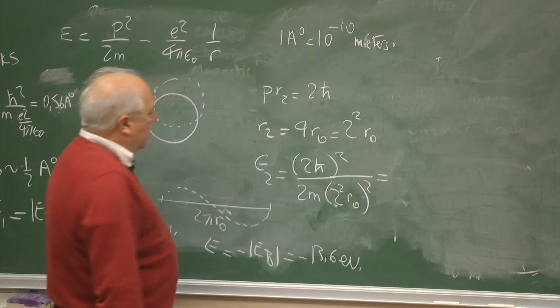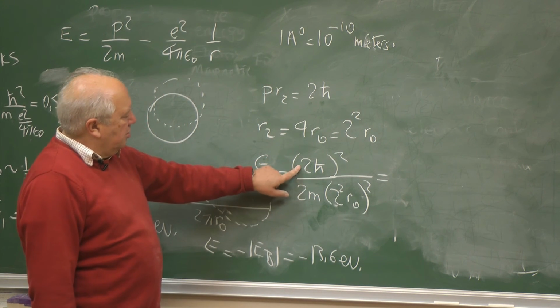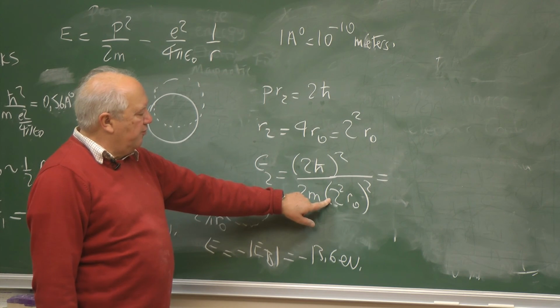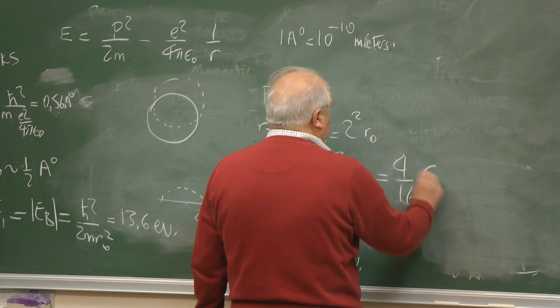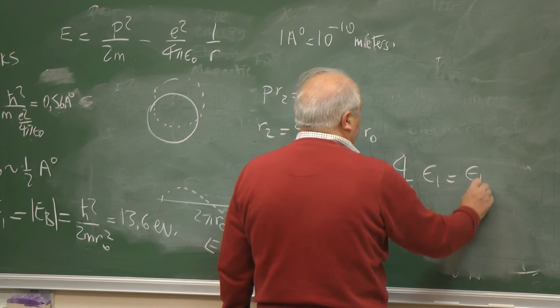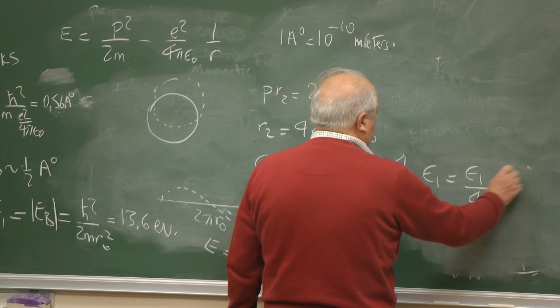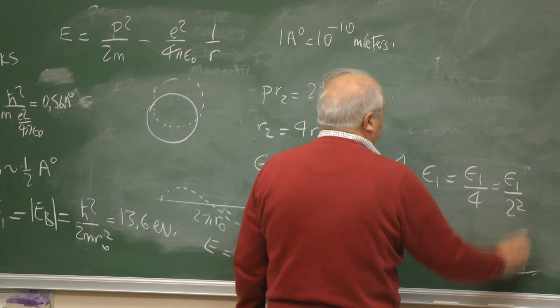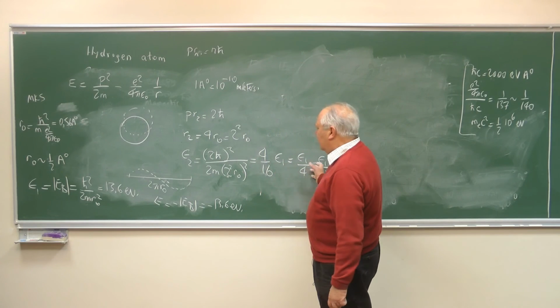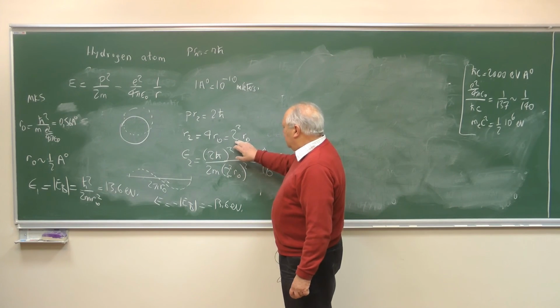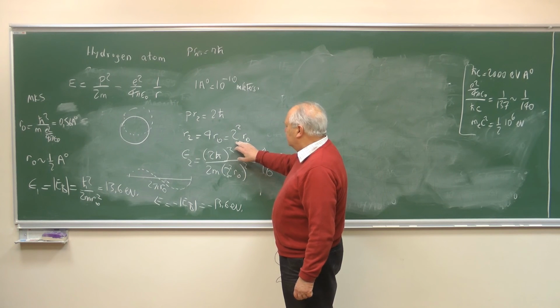That's equal to, so 2 to the square of 2 is 4, square of 4 is 16. So it is 4 over 16 epsilon 1. So it is epsilon 1 over 4, or epsilon 1 over 2 to the 2. So that's the next state, namely we will find the electron.